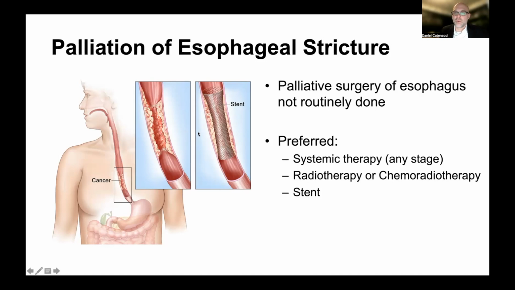And so we would avoid putting a stent in those settings, because in some cases where we see that done, you start the therapy, the cancer shrinks down and the stent slips out because it's not being held in place anymore. And then an endoscopist has to go back in and retrieve it. And so a stent is reserved for if and when systemic therapy is not working to control the primary tumor.